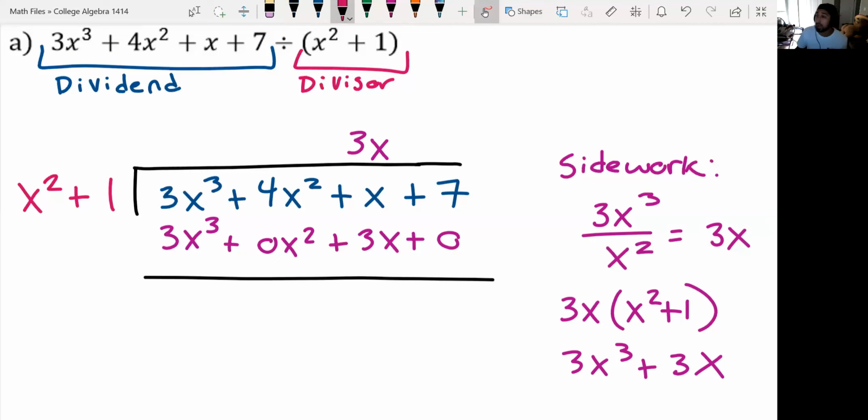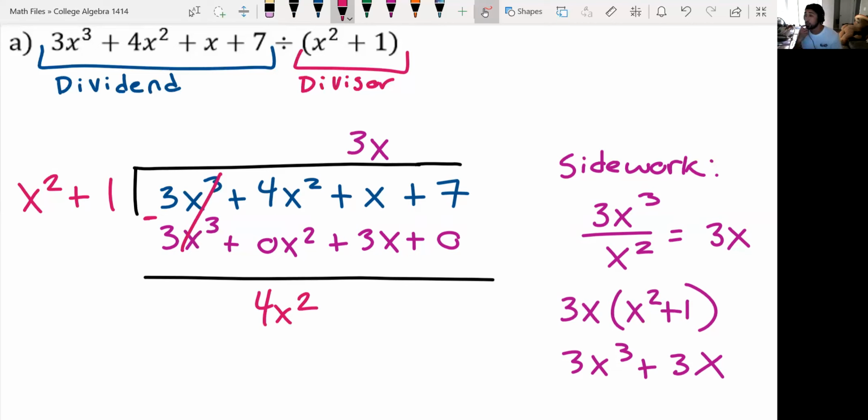So now remember that inside the division symbol we have subtraction, which is how our terms will cancel. So 3x cubed minus 3x cubed, gone. 4x squared minus 0x squared is 4x squared.